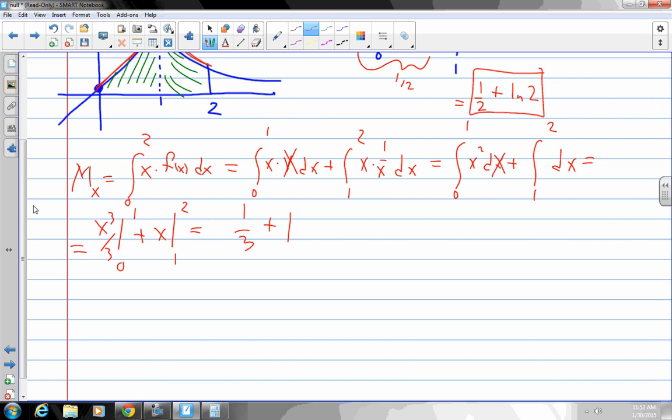So 4/3. So the x coordinate is going to be 4/3 divided by whatever that other thing is. So it'll give us the x value.